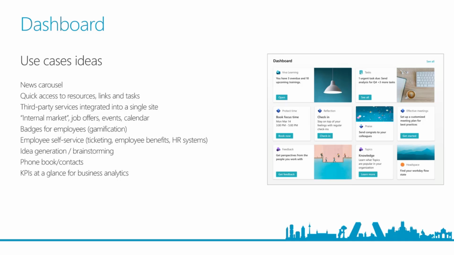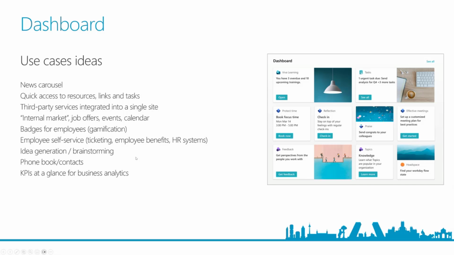We can create some great cards, as I will show you later, like an internal small market where people in the company can buy or sell things. You can show some carousels with job offers internal on the company. You can show events, a lot of things from user calendars. You can make some nice things with badges for employees, like gamifications or whatsoever.